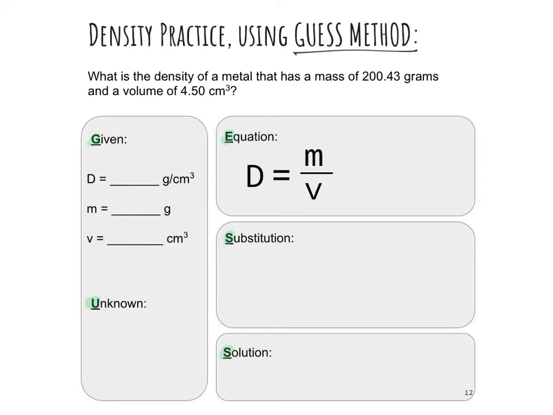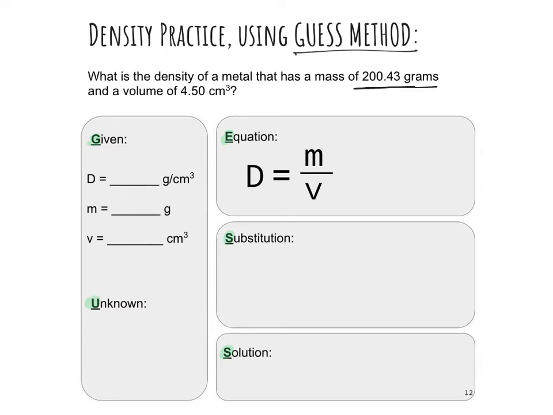It says, what is the density of a metal that has a mass of 200.43 grams and a volume of 4.50 centimeters cubed? Okay, so we're going to look through that question and try to find some information, some numbers. And the first number we come across is this one, 200.43 grams.